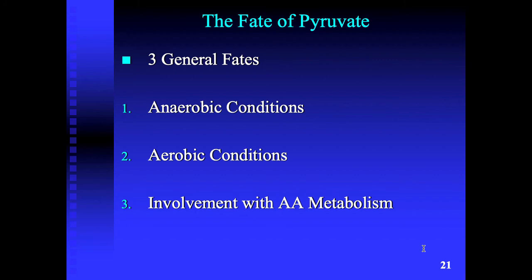Okay? And here's another option. What kind of molecule is alanine? That's an amino acid. So this is a very direct relationship between amino acid metabolism and carbohydrate metabolism, right? So some pyruvate can be used to make alanine. And alanine can be converted to other amino acids. We'll talk about that in a few weeks. So those carbons from glucose are essentially supporting amino acid metabolism.